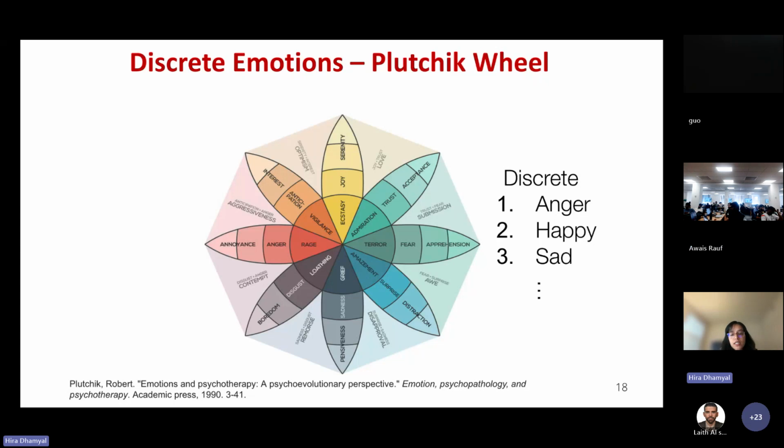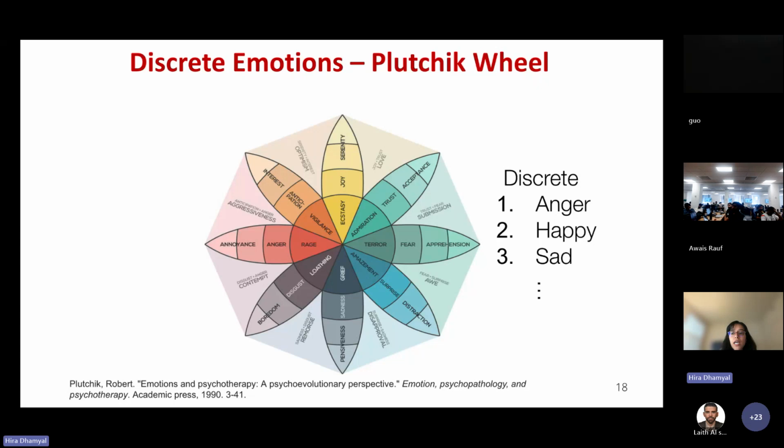He postulates that this covers the entire range of human emotion, and that human emotions are basically composed of 8 primary emotions that you see at the center here. Everything else is a modification or extension of the basic emotions. So that is what he says.